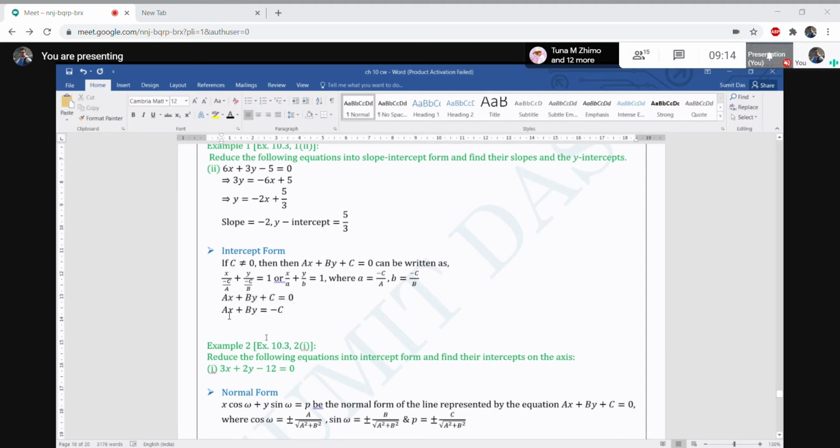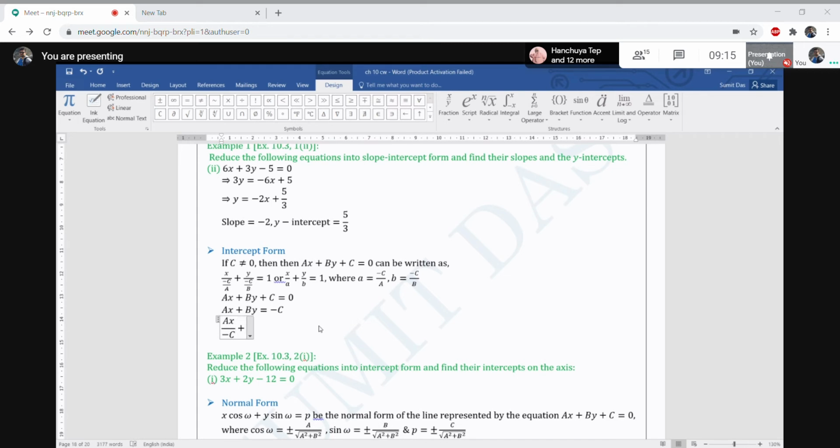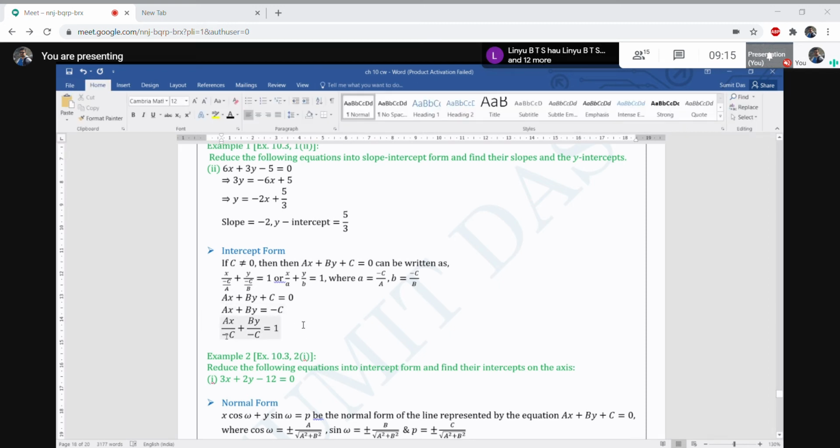Next, we have to divide, or we can write like this: ax divided by minus c plus by divided by minus c, that is equal to 1. So I'm dividing both sides by minus c. So right hand side it is 1, and on the left hand side you can see both denominators are minus c.